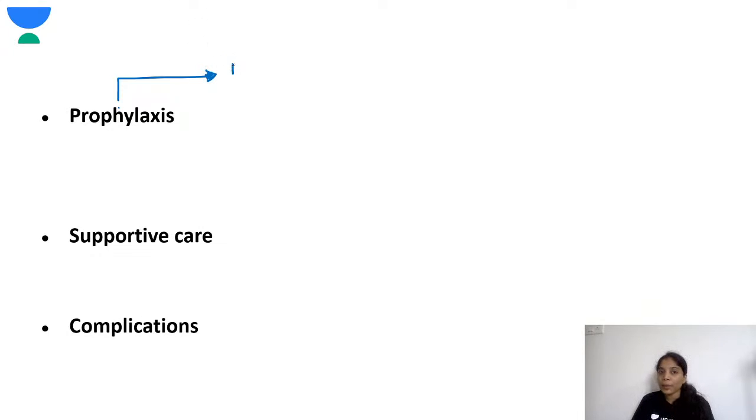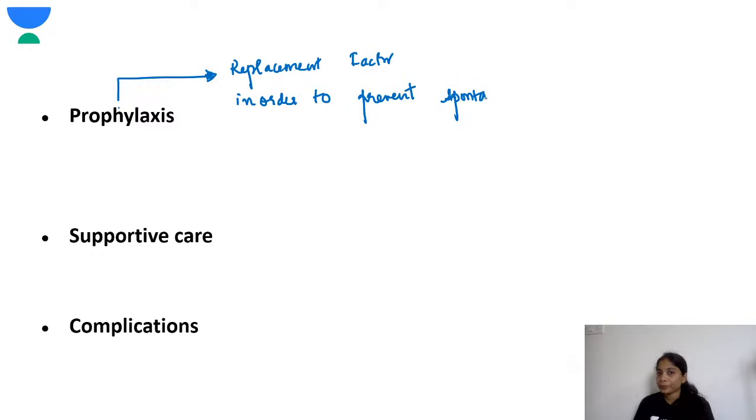The replacement factor prophylaxis is given in order to prevent spontaneous bleeding. So this you have to know.